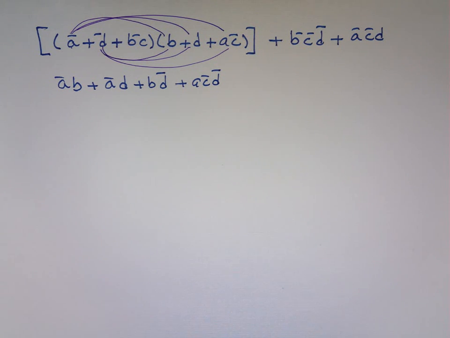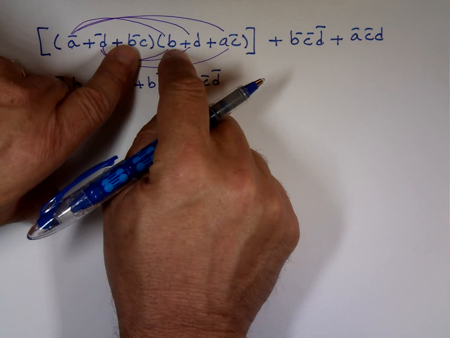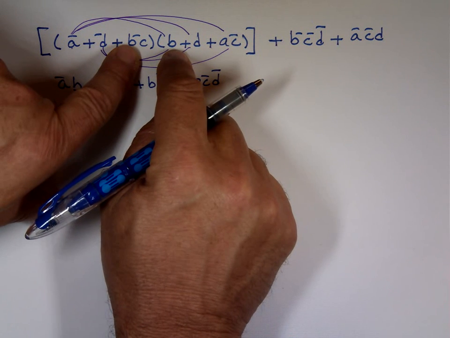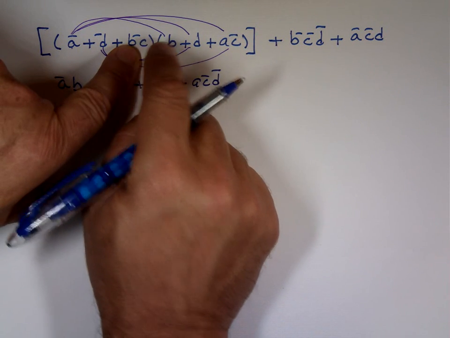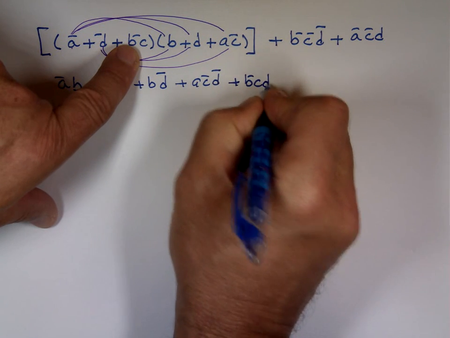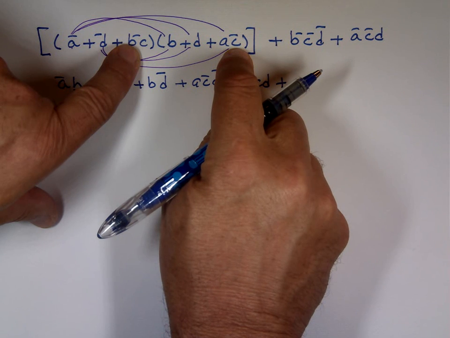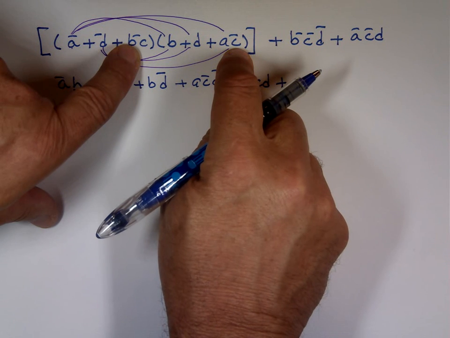Now the last one, B bar C times B, that's what? 0. B bar C D. And what's the last one? That's a 0. Why? You get C and C bar in it. That's an AND gate with C and C bar.